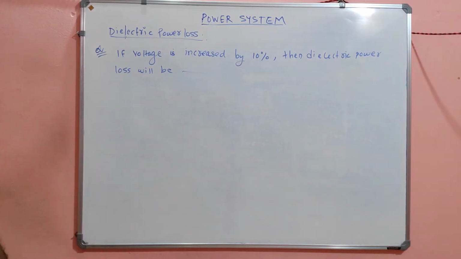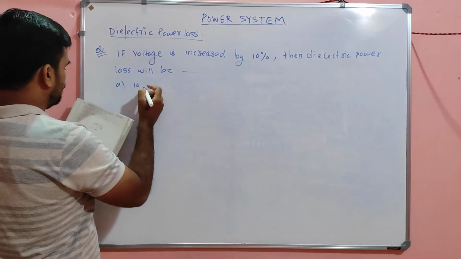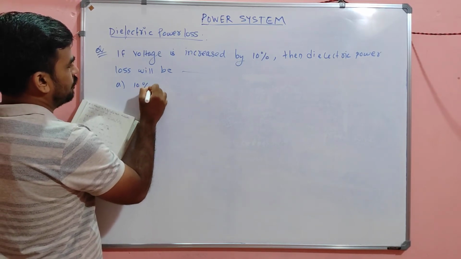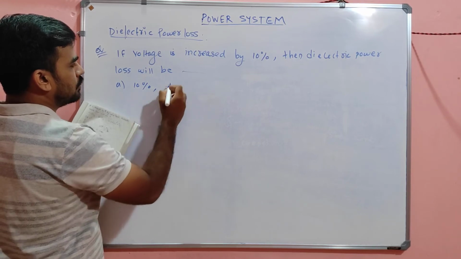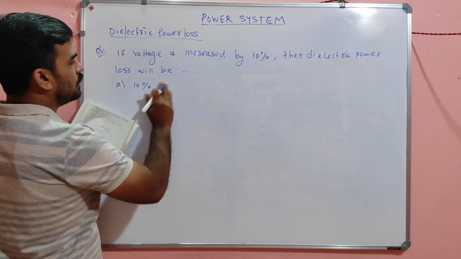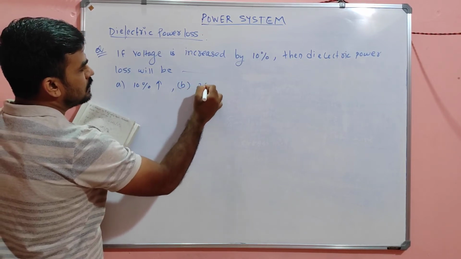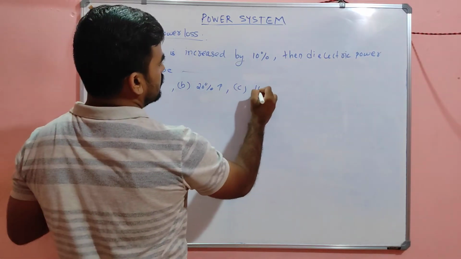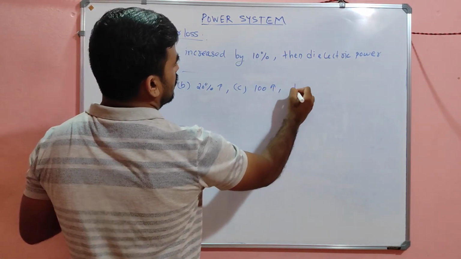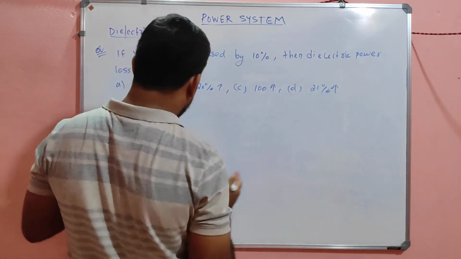Options: A, 10% increase; B, 20% increase; C, 100% increase; and D, 21% increase.